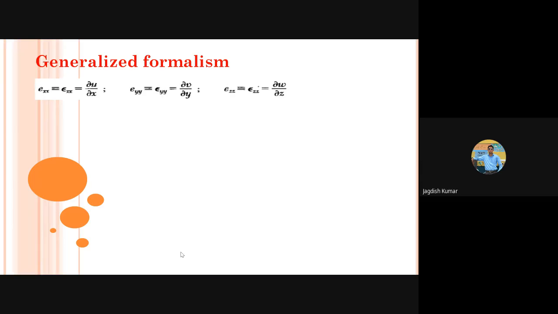These are further relations which define them. Instead of working in terms of deformation, we work in terms of strain components. There is no big difference between deformation and strain components. If we divide by the length, deformation per unit length is nothing but strain.